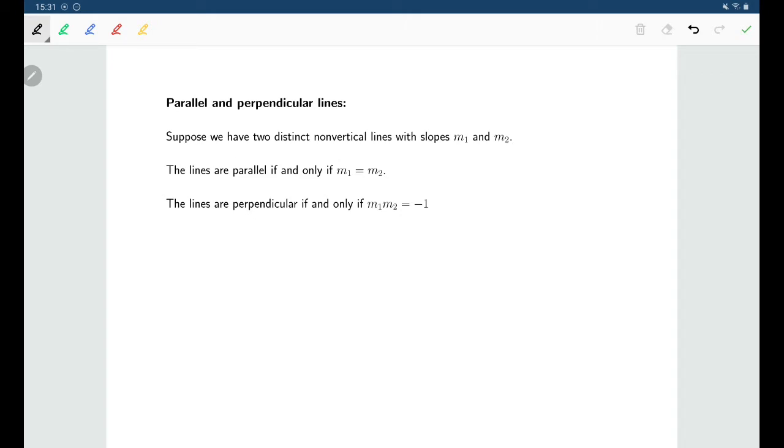For perpendicular lines, and it can be phrased in a couple of different ways, the relationship between the slopes. One way to phrase it is that for perpendicular lines, the slopes must multiply together to give you -1. The other way of phrasing it would be that one slope would be -1 divided by the other, which is another way of thinking about the relationship between the slopes: whatever the slope for the first line is, the slope for the second line would have to have the opposite sign and be the reciprocal.